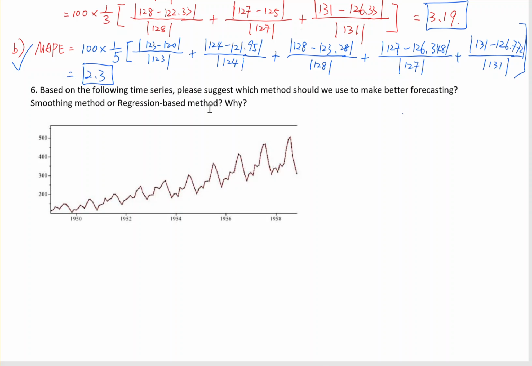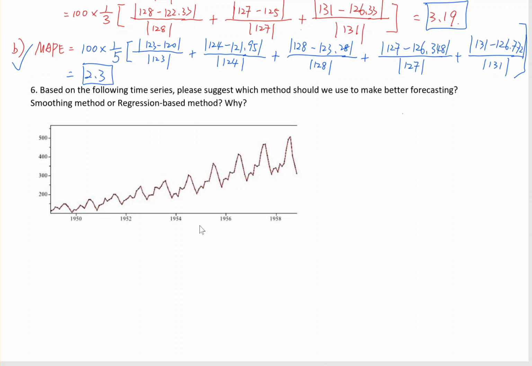We have two classes of modeling methods, and both can make forecasts about the future, but there are advantages and disadvantages. So for this time series, which method do you recommend?